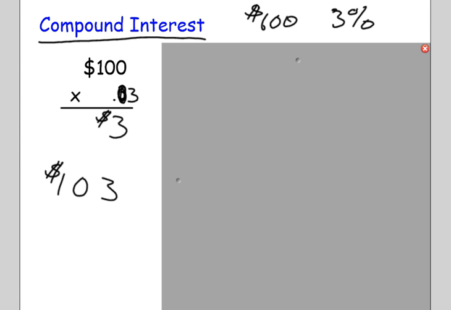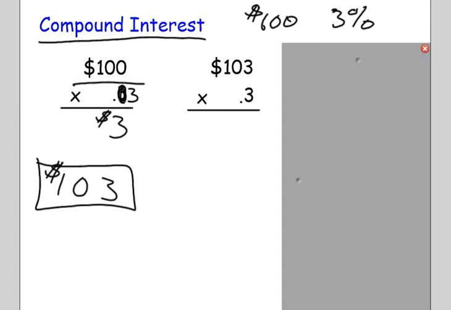But this is where compound interest changes. Now, instead of going back to the original $100, compound interest is going to build off of what you literally have in the bank. So the second year, it's going to take that $103 that you had at the end of the first year and multiply it by that 3%.